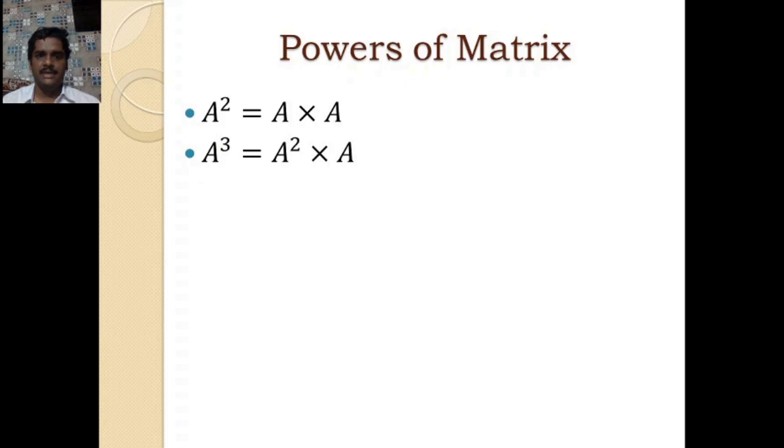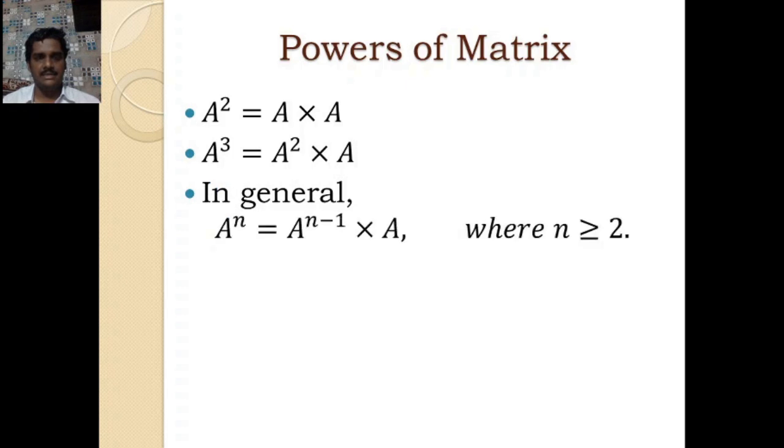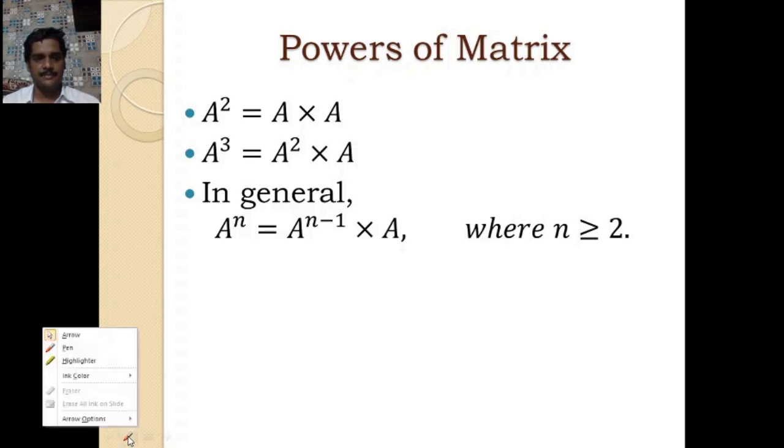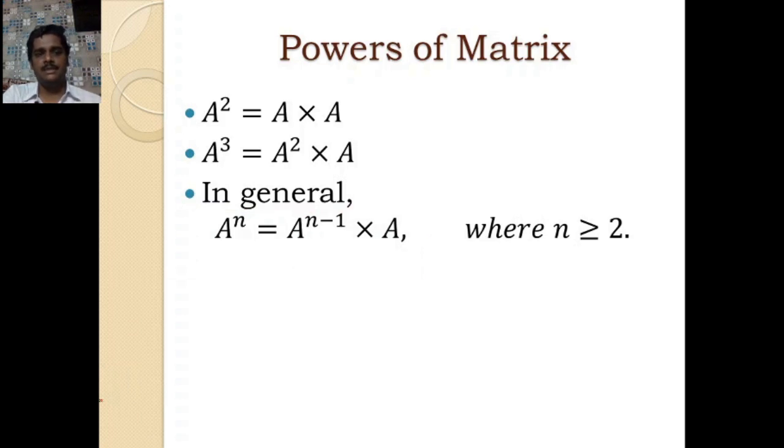A cube is defined as multiplying A square with A. In general, we can write this as A raised to n equals A raised to n minus 1 into A, where n is greater than or equal to 2. Remember, this general formula is for n greater than or equal to 2.